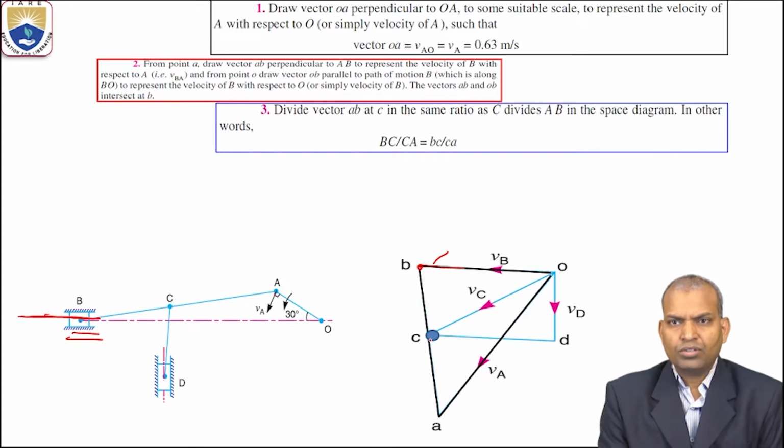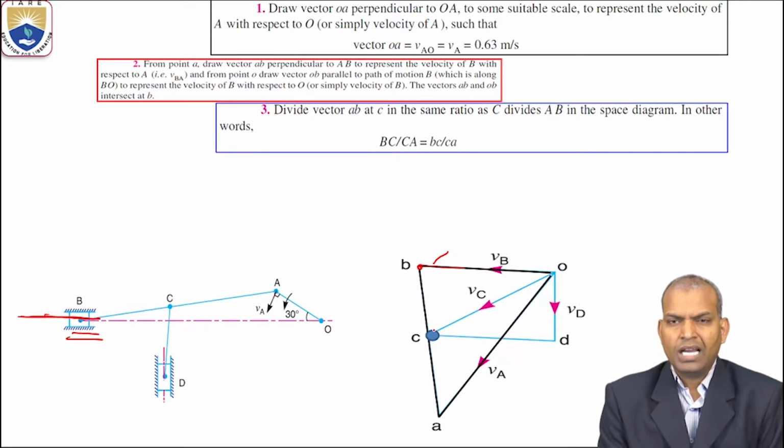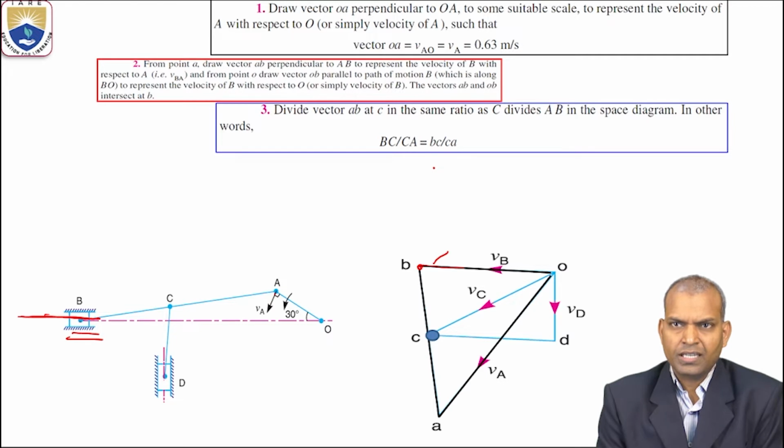Next, step 3, what to do? We have to divide the vector AB in the same ratio as in the configuration diagram, where point C divides the link AB in the space diagram. In other words, BC by CA equals the vector length BC by CA.